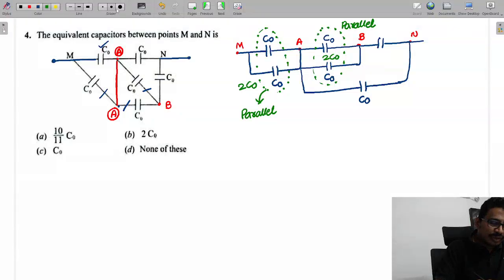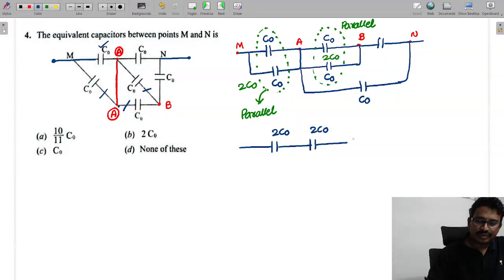Now I am redrawing the circuit again by replacing the connections. So this value is 2C0, and this is 2C0, and here this is another capacitance.